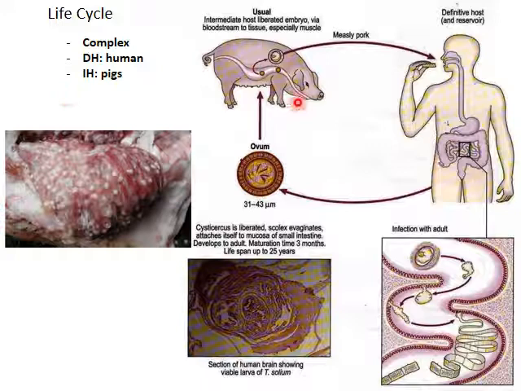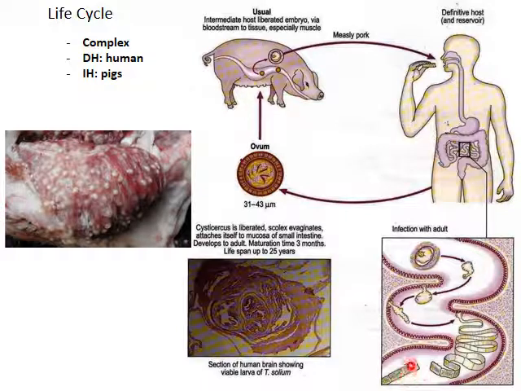In this case, the mode of transmission is ingestion of contaminated or undercooked pork. So when humans ingest undercooked pork which is contaminated with the larval form of Taenia solium, that is Cysticercus cellulosae, the contaminated pork enters into the GIT, and in the GIT the scolex evaginates and attaches to the intestinal wall, matures to develop the adult worm, undergoes self fertilization and lays eggs inside the gravid segment.